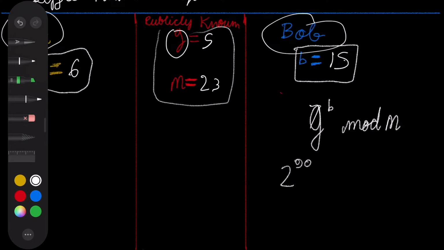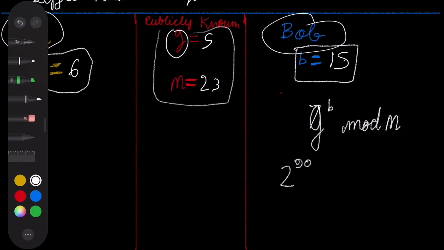I cannot even count the digits. Let me check what it is. So 2 to the power of 90 is in the order of 10 raised to the 27. So this is why I said G can be relatively small if B is really big, right?